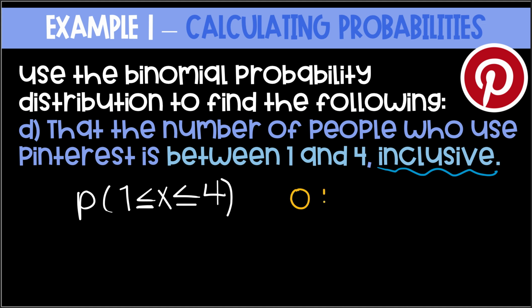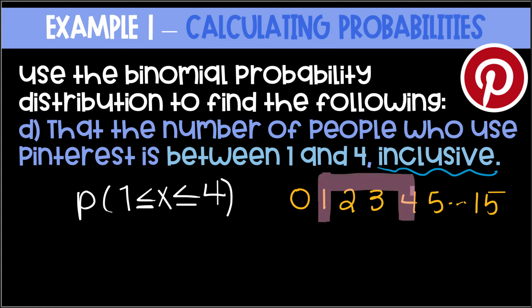Again, if we have our possible outcomes 0, 1, 2, 3, 4, 5, all the way to 50, all 15 people being users of Pinterest. Let me put the 5 too, because it's a value that we're going to need. I want the probability of having 1 or 2 or 3 or 4 users.